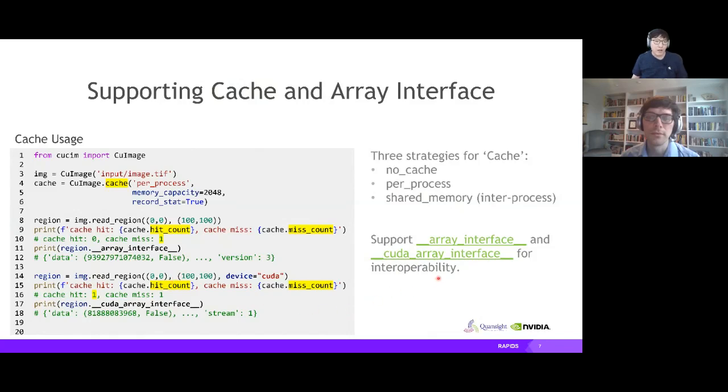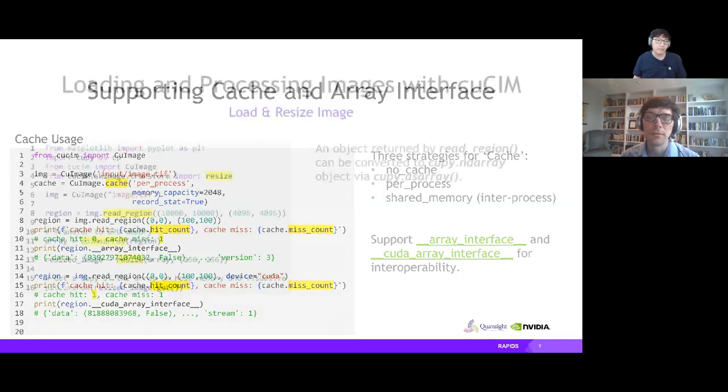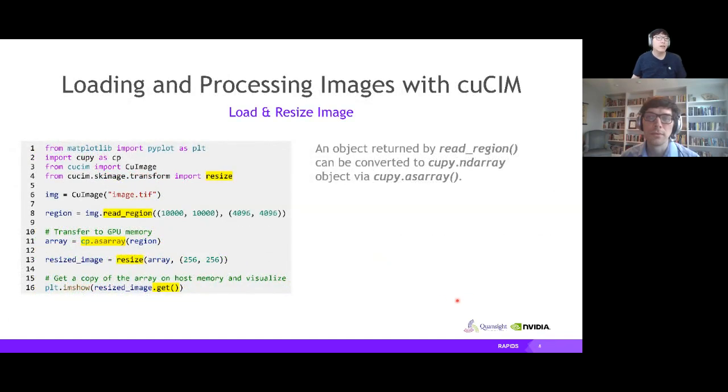cuCIM also supports array interface and CUDA array interface for interoperability with other AI frameworks. This example shows how an image loaded by cuCIM can be converted into CuPy's n-dimensional array object, processed with cuCIM's image processing algorithm and visualized. Here, we read a specific region of the image.